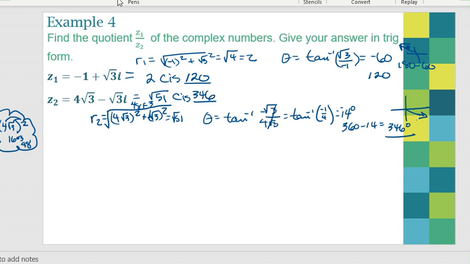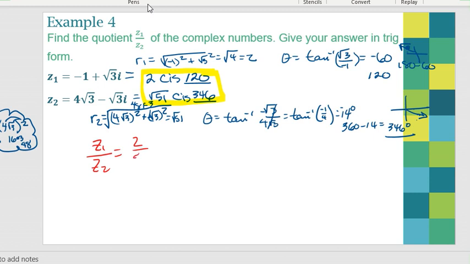So now I'm going to get a highlighter because this is getting real confusing. Here are my 2 answers. All right, so once I have those answers, then I'm going to divide Z1 divided by Z2.